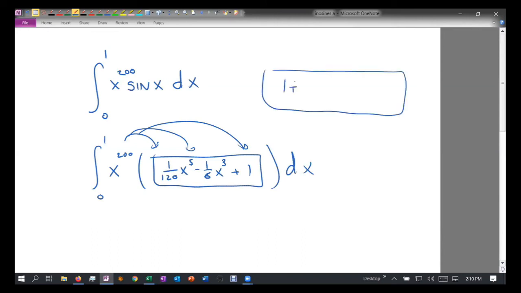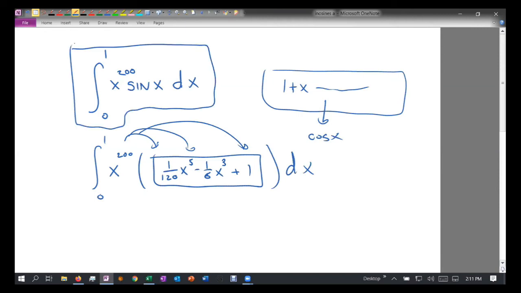You'll get like 1 plus x, blah, blah, blah, and you're like, oh crap, that's cosine x. But we're not going to be doing that. Our whole thing is, can we take an integral that would really be tough to do, if not impossible? Can we make it easy with this? And the answer is yes, we can. Gotcha.